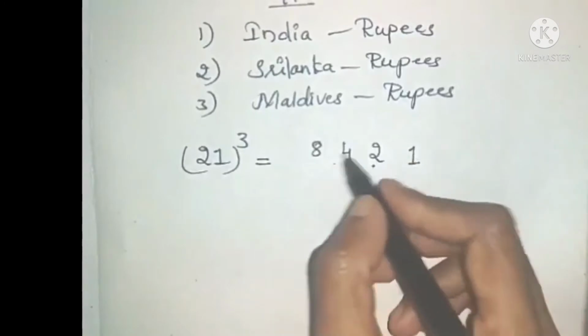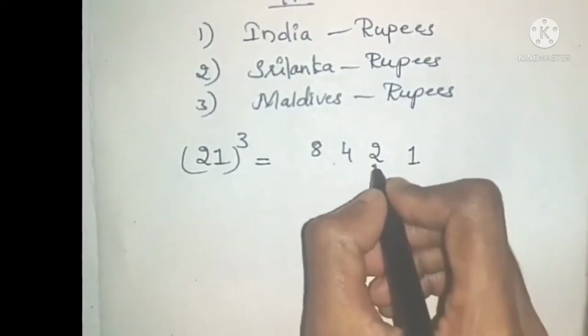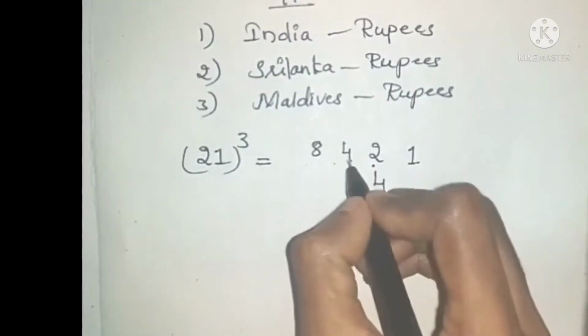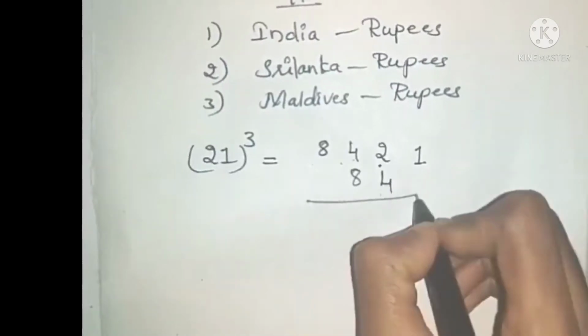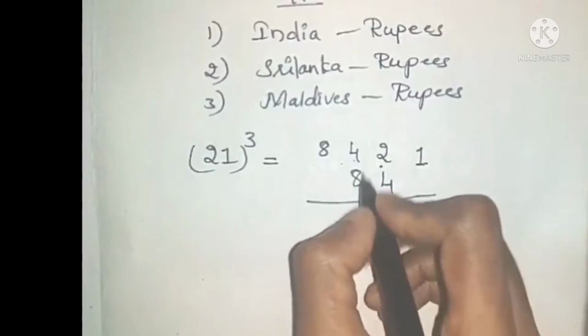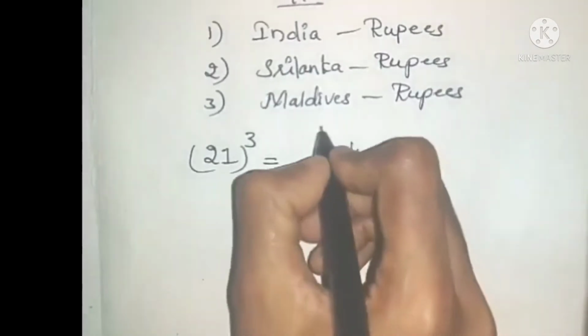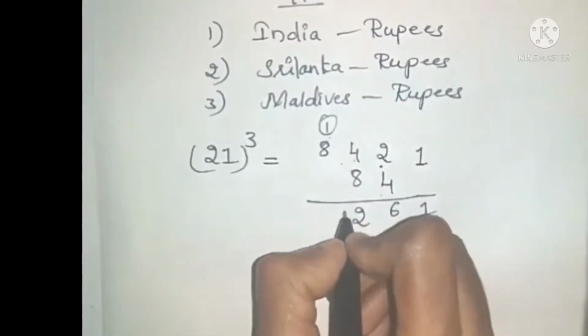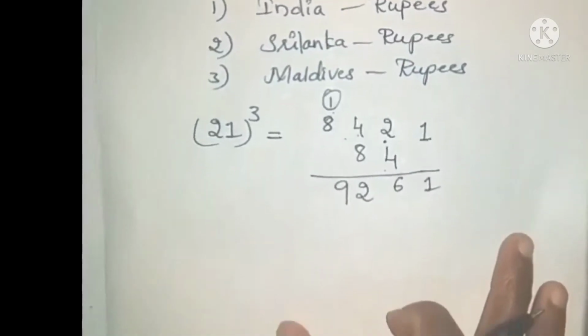Now leave the first one and the last one and double this number, that is 4, and this becomes 8. Now 1, 4 plus 2, 6, 8 plus 4, 12. Take 2 and carry 1. 8 plus 1, 9, 2, 6, 1 is your answer.